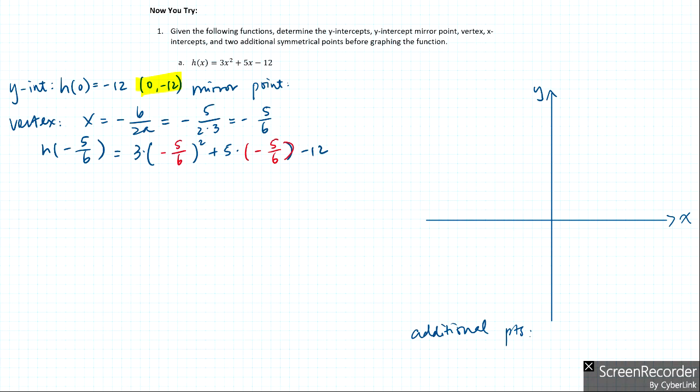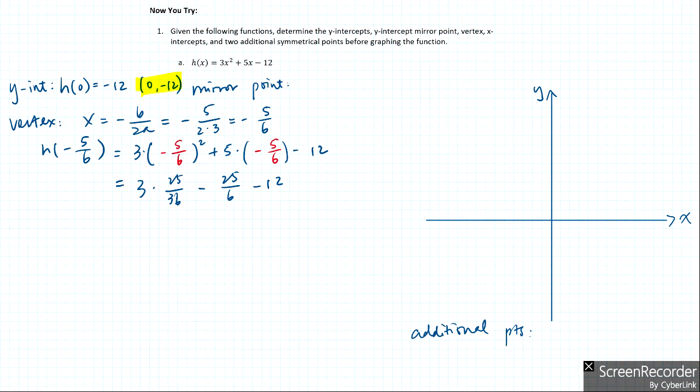Minus 12 over here, and that's how we're going to identify the y-coordinate. So here we would have 3 times 25 over 36 minus 25 over 6 minus 12.